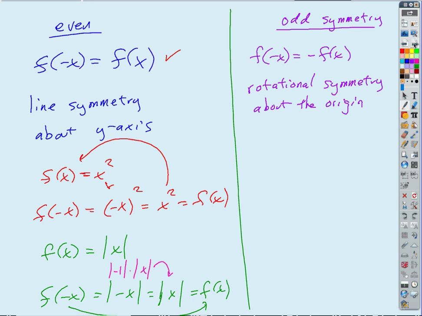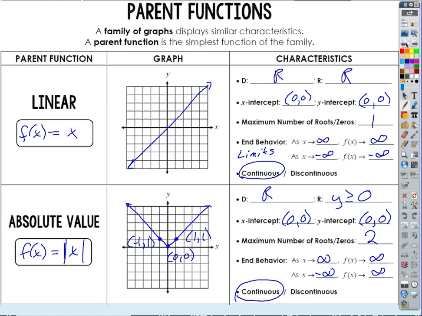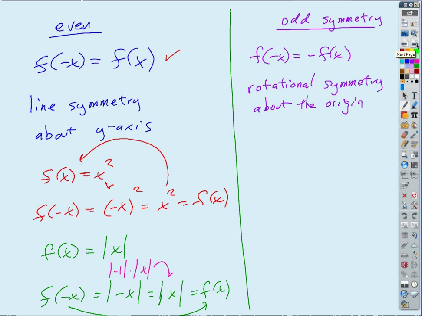Do any of these shapes that we've looked at have that type of symmetry, where they would overlap completely if I spin them 180 degrees? Linear does, doesn't it? If I put a tack right here, I could spin that thing half a spin and it would overlap, wouldn't it? Okay, so let's do our test for odd symmetry. This is a pretty boring function to use, but we'll use it.